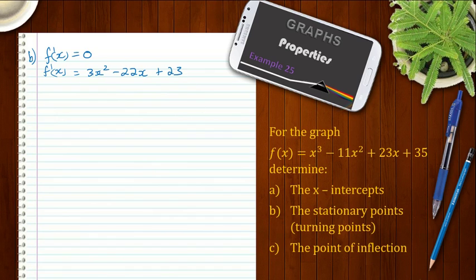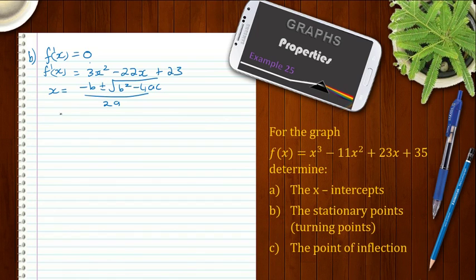If we see that it can't factorize, you immediately go to the quadratic formula, which is x is equal to minus b plus or minus the square root of b squared minus 4ac, over 2a. Then we substitute in the values of a, b, and c. Remember, this is your a, your b, and your c.